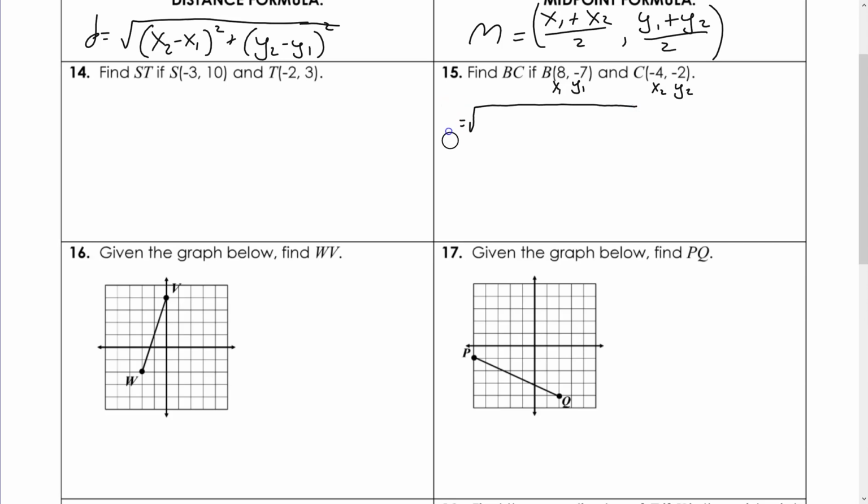So technically, BC equals the square root of (x2, which is negative 4 minus 8) all squared, plus (negative 2 minus a negative 7) all squared, equals the square root. Well, negative 4 minus 8 would be negative 12 squared, plus, well, negative 2 plus 7 is 5.